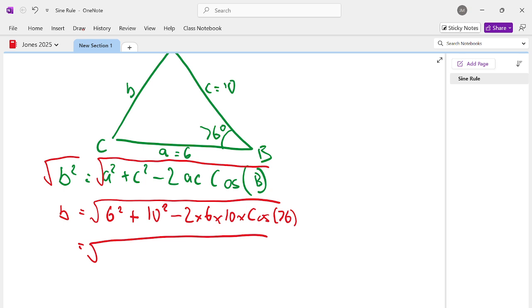So 6 squared is 36 plus 10 squared, which is 100. So 136 minus, remembering your order of operations, we need to resolve this first before we can subtract it from these two. So I'm not going to simplify the cosine bit.